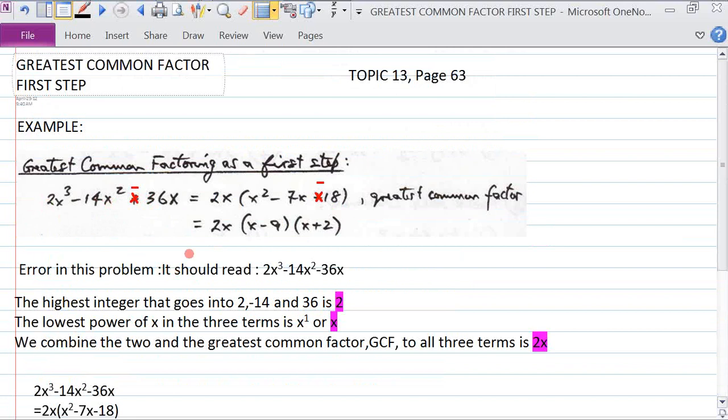And the answer is 2. And if I've got an x cubed and I've got x squared and I've got x to the 1, what's the common factor? Well, it's the lowest one, x to the 1 or x. If we have two the same, we choose that one which is lowest. If this was also x squared, we still factor out the x squared because it would be the lowest power of x.